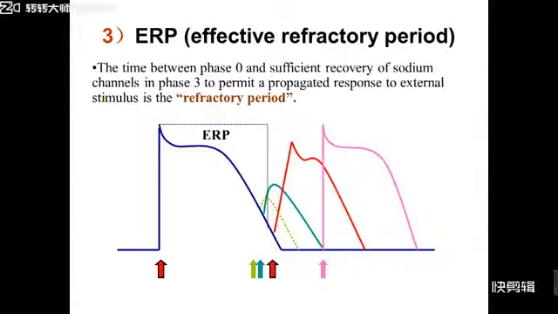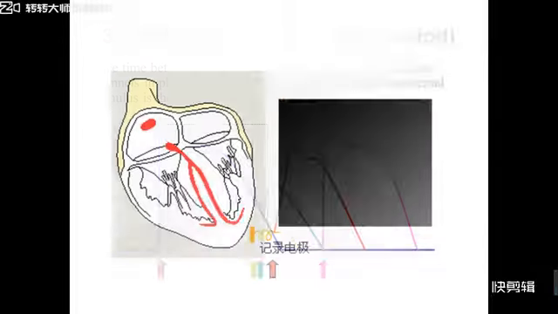So later, the third kind of antiarrhythmic drugs are potassium channel blockers. Okay, next one.